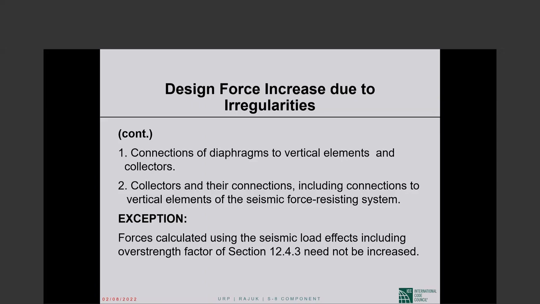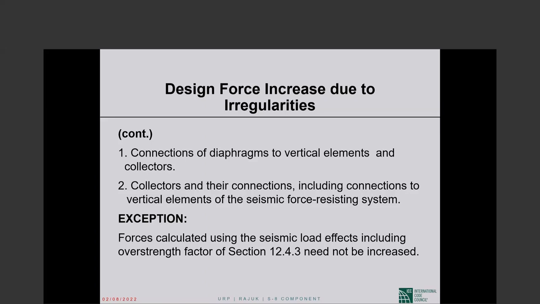Those connections have to be designed for 25% more forces. And then collectors, the collectors themselves, and their connections, including connections to vertical elements of the seismic force resisting system, the collector to shear wall connection.